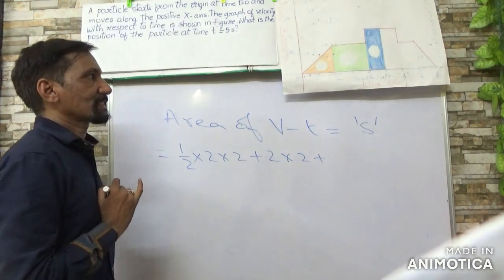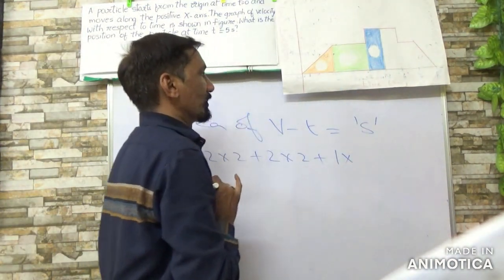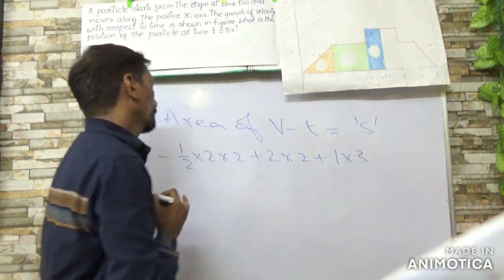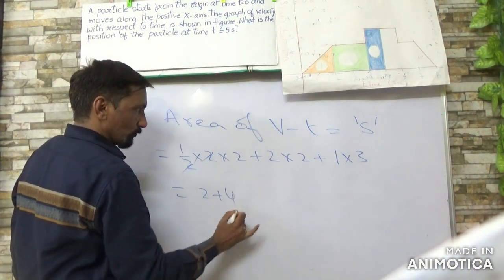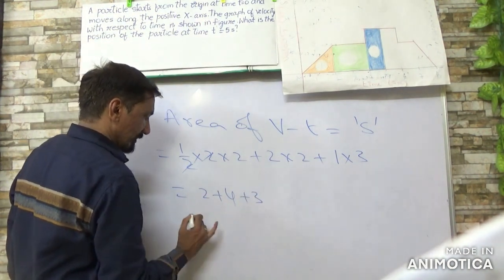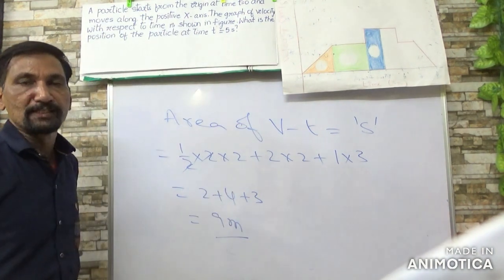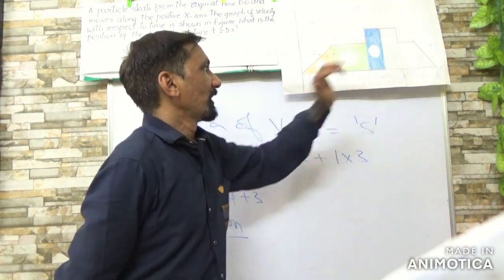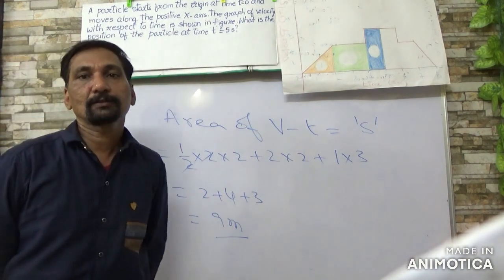Plus 4 to 5, difference 1, with height 3. So 2 plus 4 plus 3, 9 units, nothing but 9 meters. Its displacement after 5 seconds becomes 9 meters.